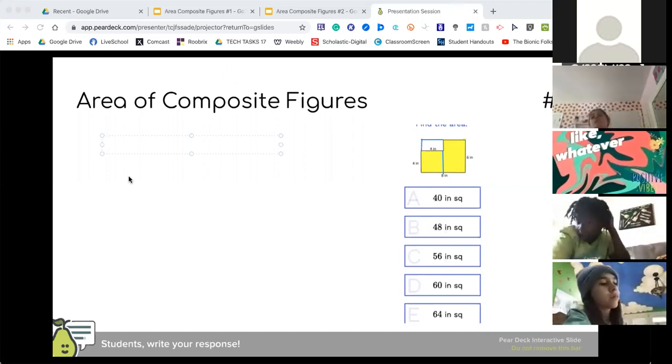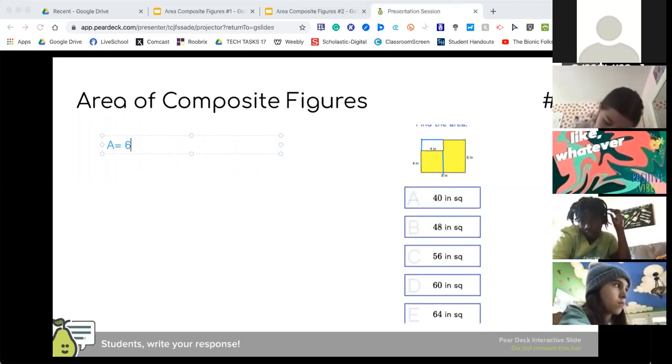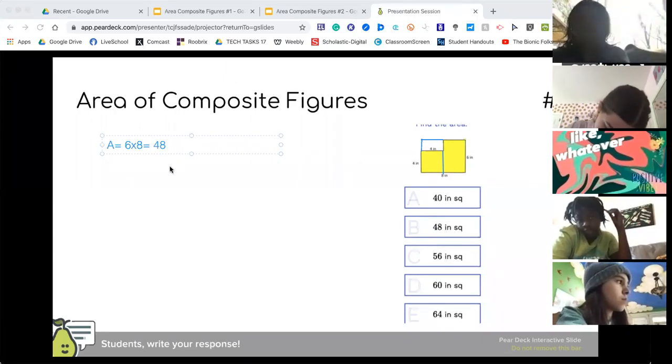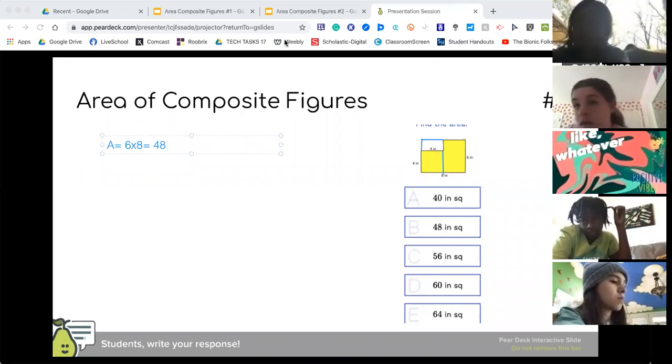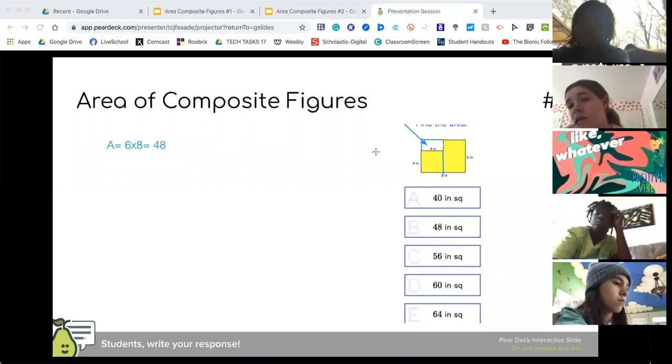So the whole big rectangle would be 8 times 6. Area equals 6 times 8, which equals 48. But then I got to take away the little tiny piece here. The little tiny piece that's right here is 4 by 2.